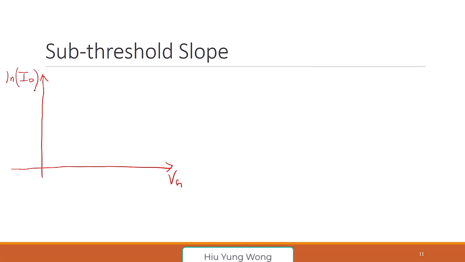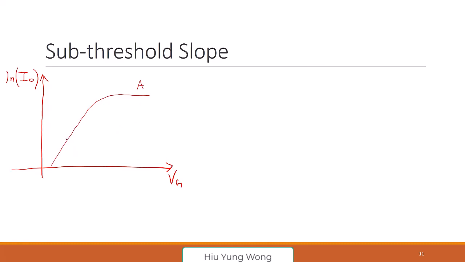How should I draw it? Can someone tell me? Is this the graph, or is this the graph? A or B? It's A since it's log scale. A. I think it's A. Very good, because it's log scale, right?